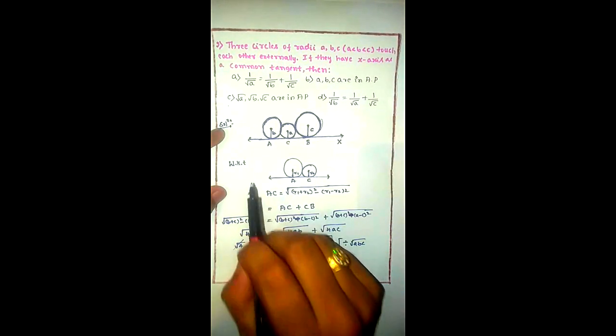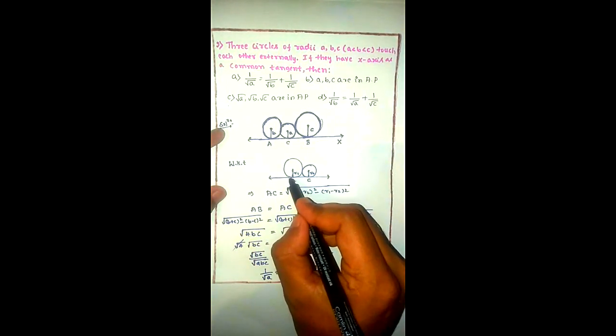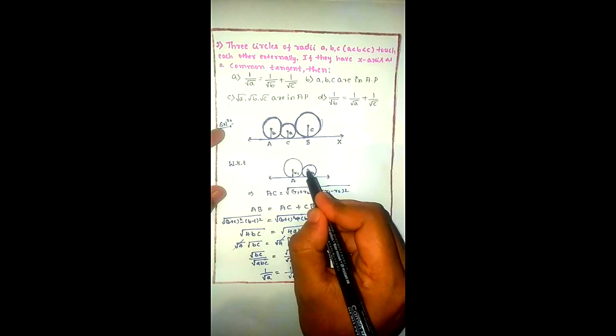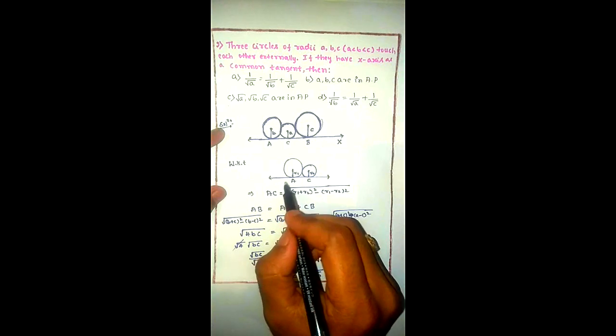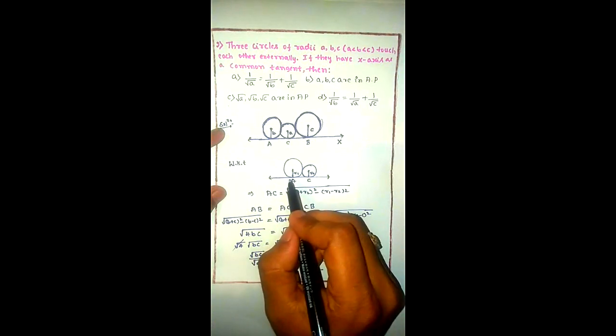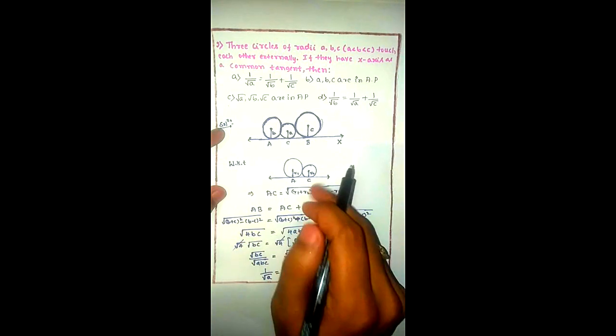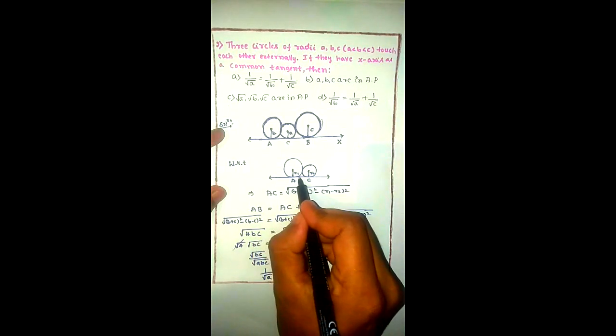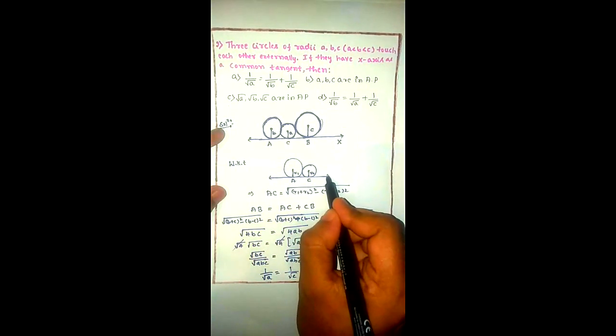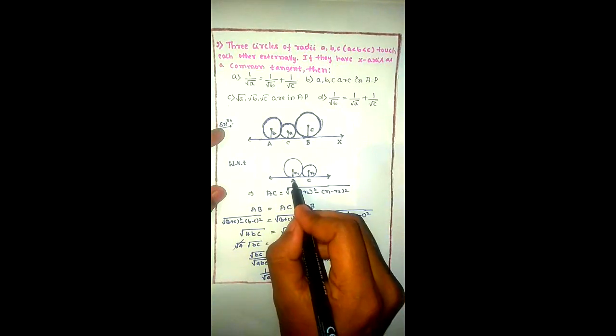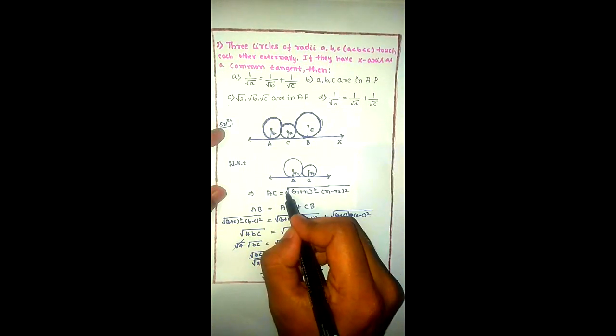So the direct formula we know: if two circles touch externally along the x-axis as a common tangent, then the distance between the points of contact is given by a direct formula.